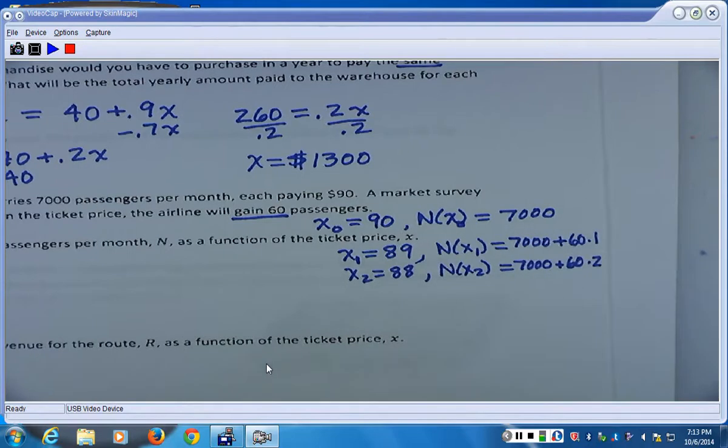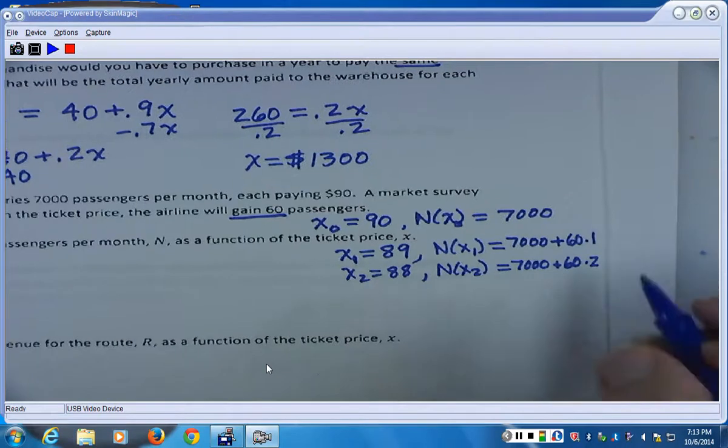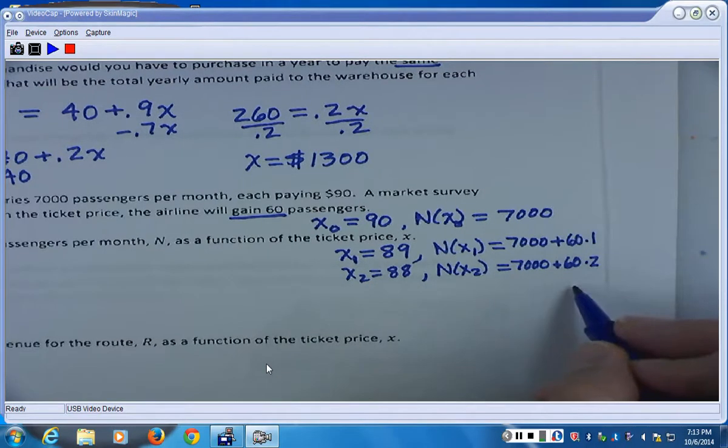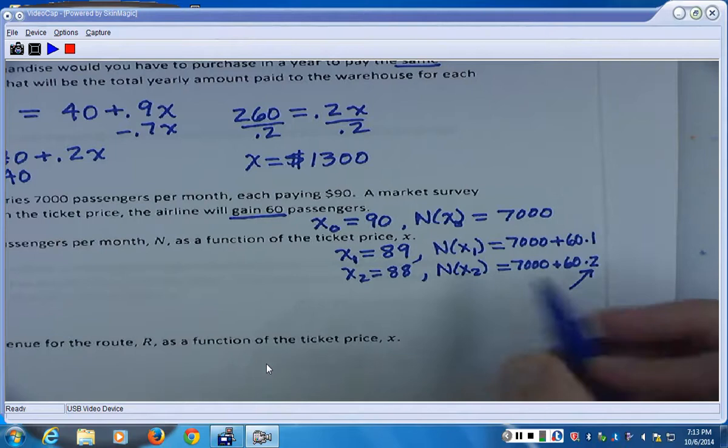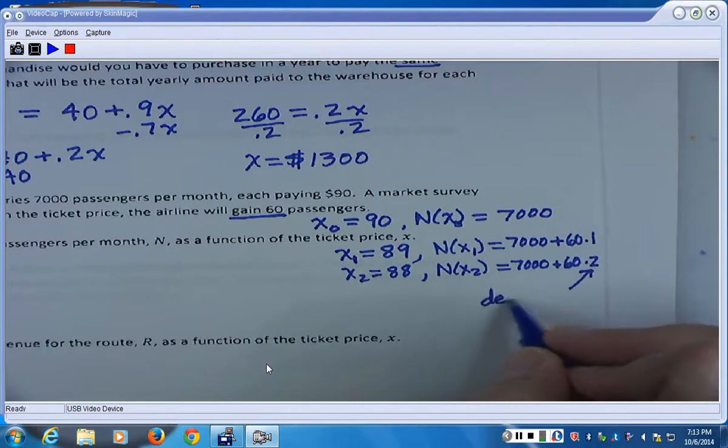So every time our ticket price goes down, we need to represent our decrease in price. This right here is our decrease in price.